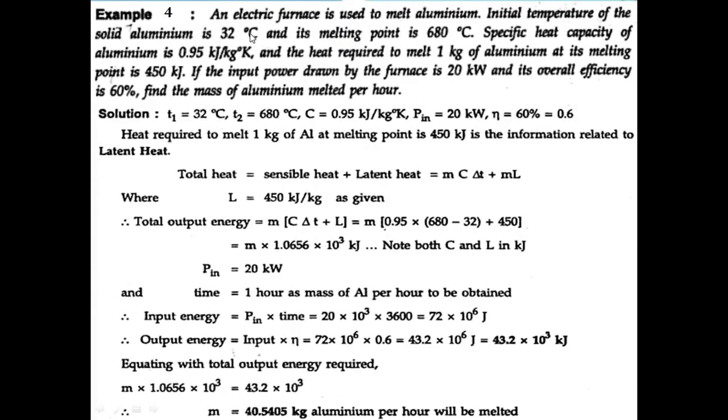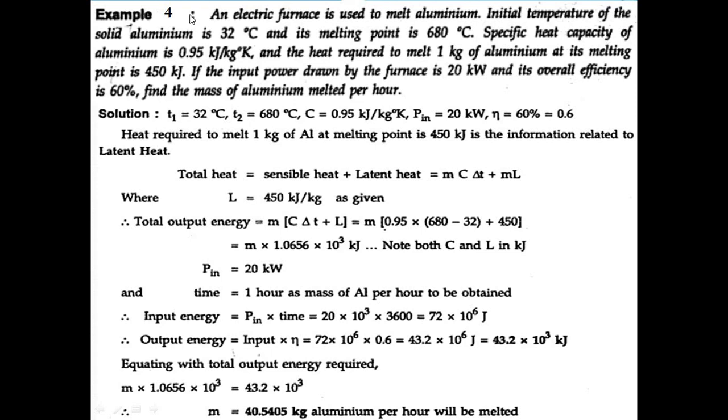Now another type. An electric furnace is used to melt aluminium. The initial temperature of solid aluminium is 32 degrees centigrade. Initial temperature means T1, and its melting point T2 is given as 680 degree centigrade.